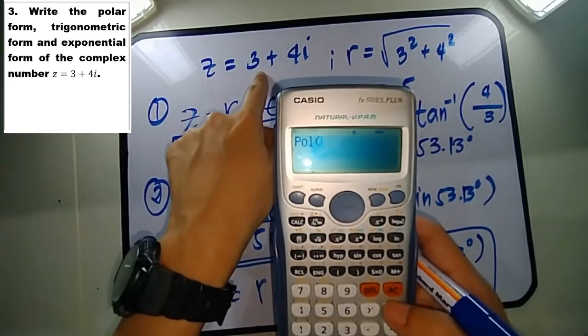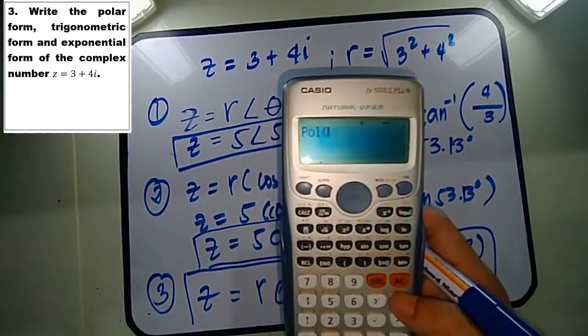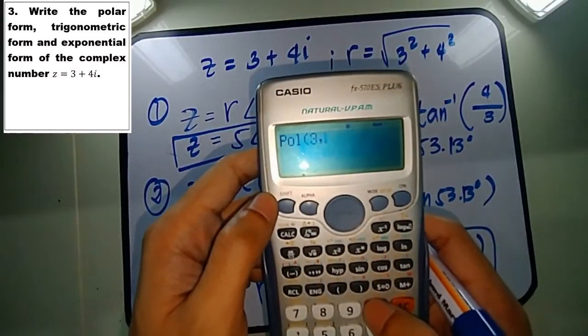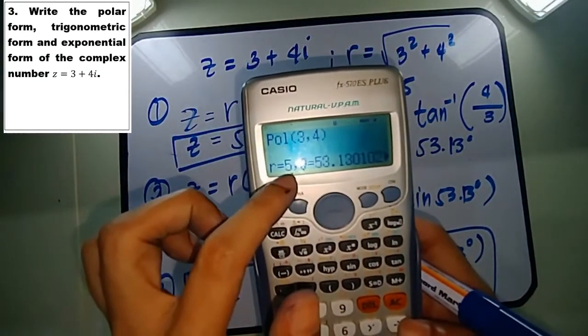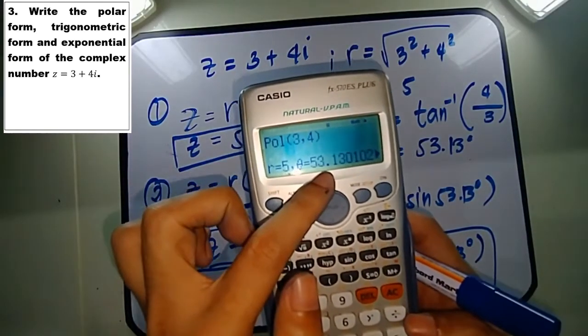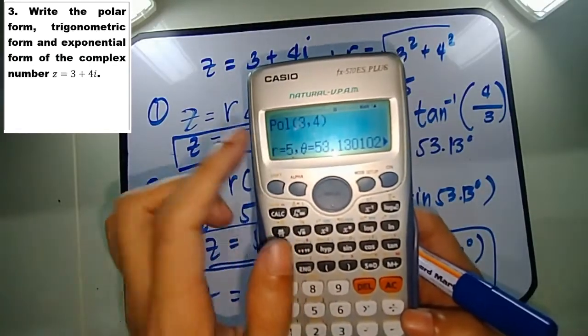Then input the numbers, the imaginary part and real part. So you have here 3, comma, then 4, equals. You have here our radius, modulus is 5. We have here our argument or amplitude, the angle, is 53.13 degrees. So you can use that calculator technique.